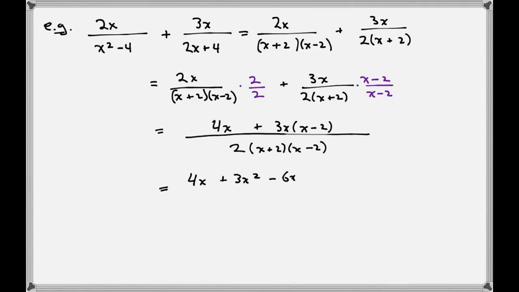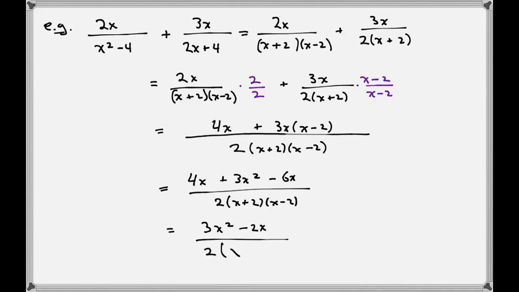Just expanding out now. And then we can combine a like term in the numerator. So it'll be 3x squared minus 2x. The denominator is 2 times x squared minus 4, just multiplying this out again. And if you want to distribute the 2, 2x squared minus 8.